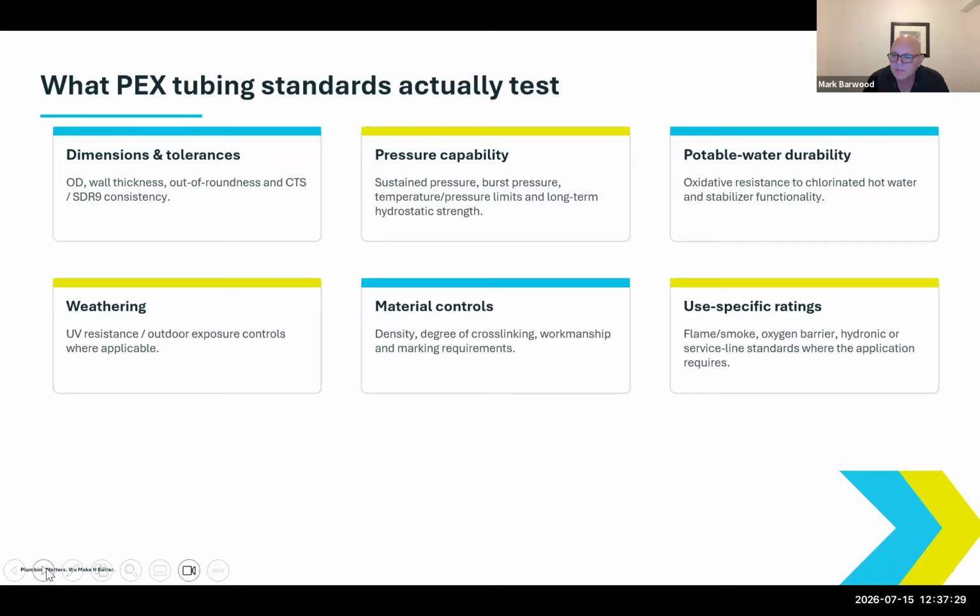And then use-specific ratings: flame and smoke spread, oxygen barrier for in-floor heating, hydronic or service line standards where the application requires. A lot of times when they use PEX for water service, a piece of copper wire has to be adhered to the plastic pipe so that it can be picked up if they ever have to look for that pipe with a locator.